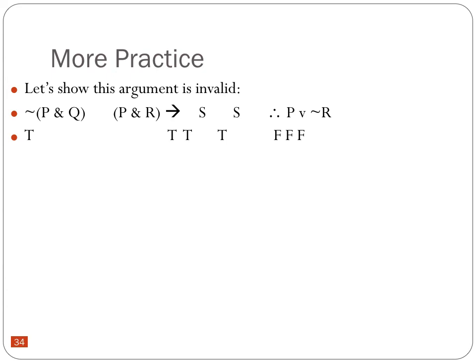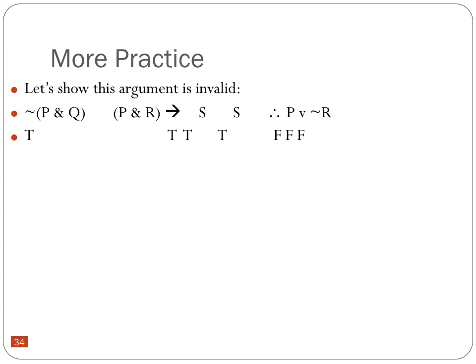Since the or statement is false, we know that both parts of the or statement in the conclusion are false. So that F should be directly underneath the P. There should be an F underneath the wedge, and that negation before the R is false.